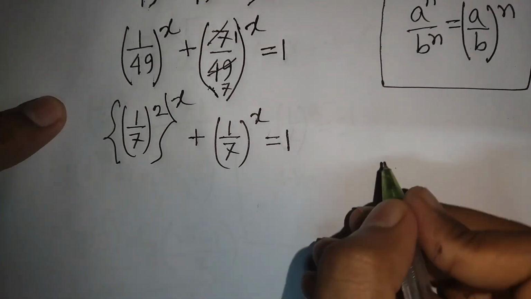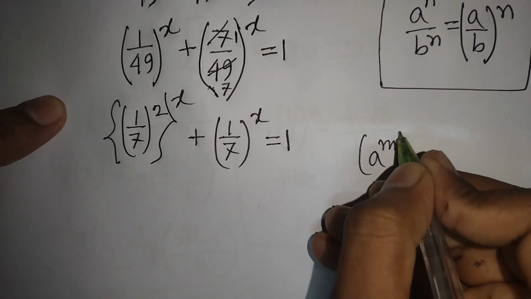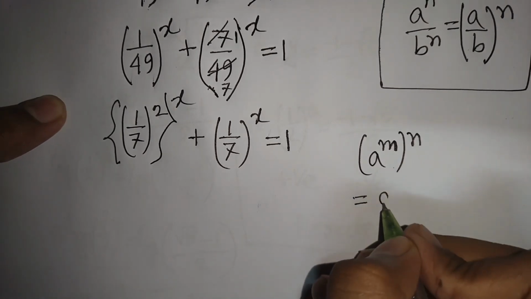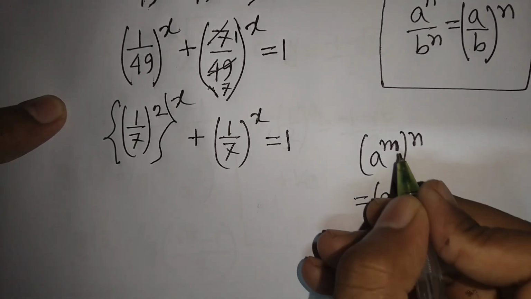Now here I can apply the rule that a power m bracket power n is equal to a power n bracket power m.